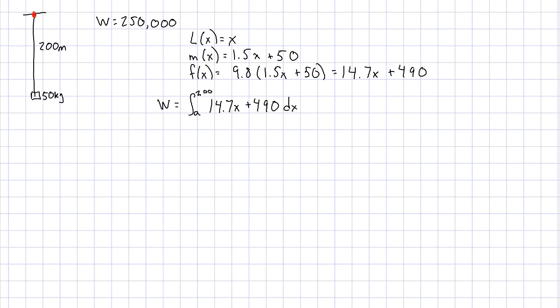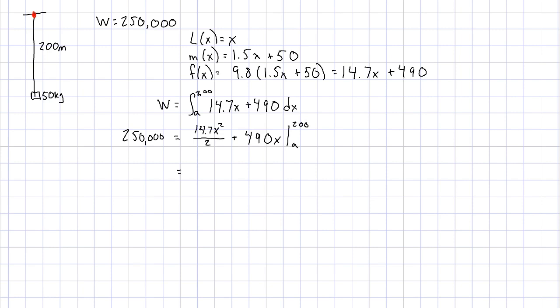Okay, so now I do the antiderivative. I set it equal to 250,000. So I have 14.7x squared over 2 plus 490x, and this is going to be evaluated from a to 200.